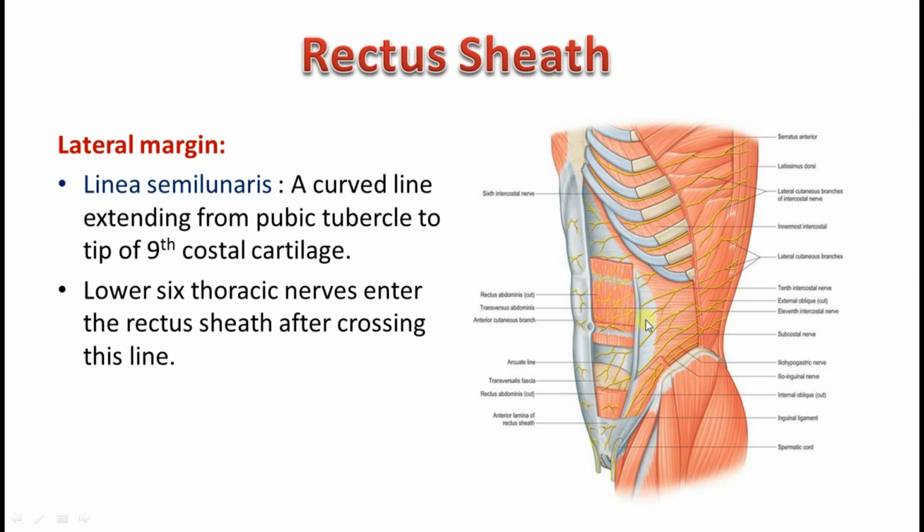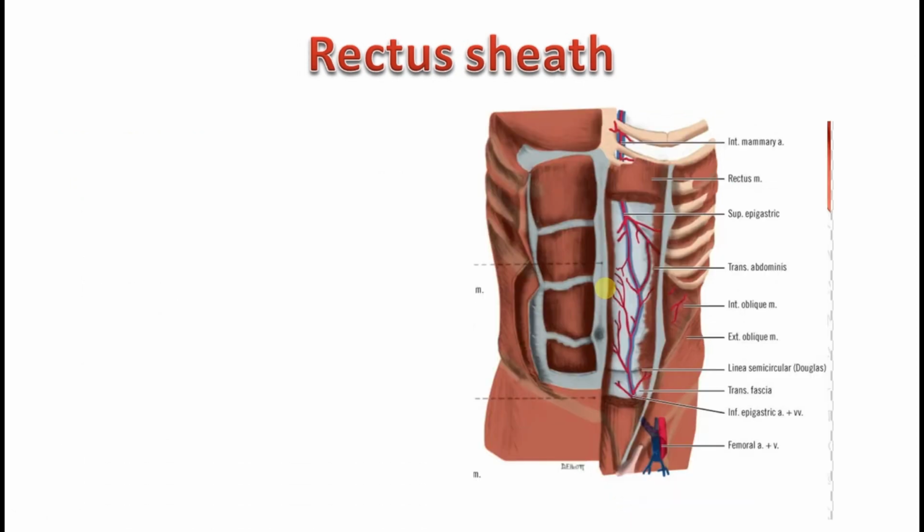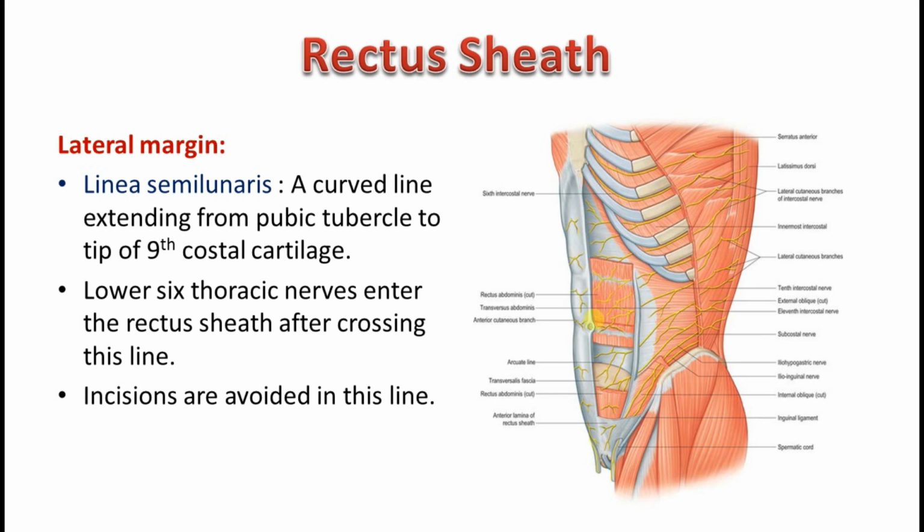Okay, so that is why any surgical incision is not advised along the linea semilunaris, because you might actually sever or cut one of these nerves, which might lead to segmental paralysis of the rectus abdominis muscle. Okay, which might lead to segmental paralysis.